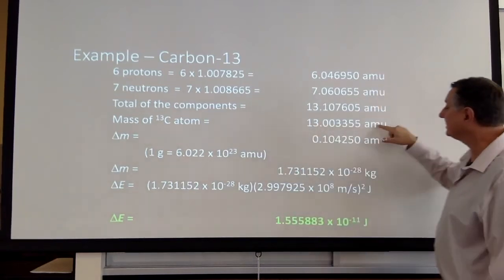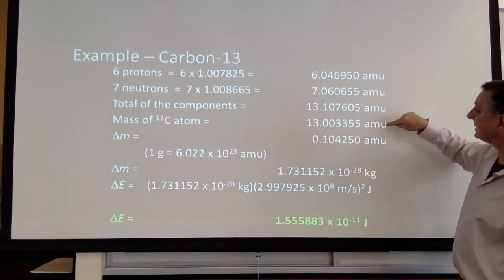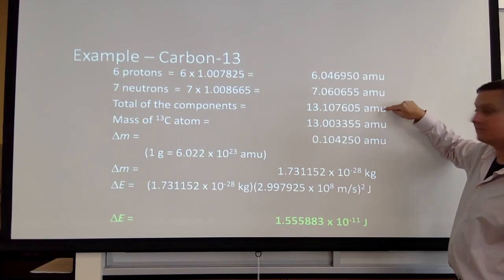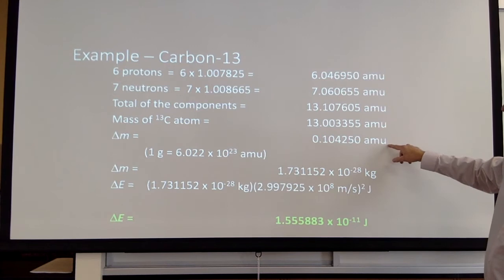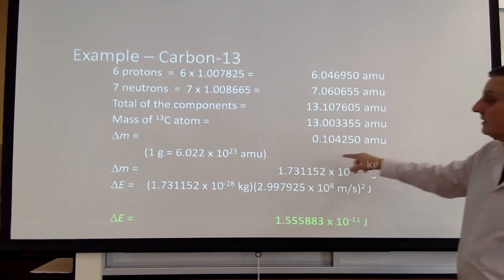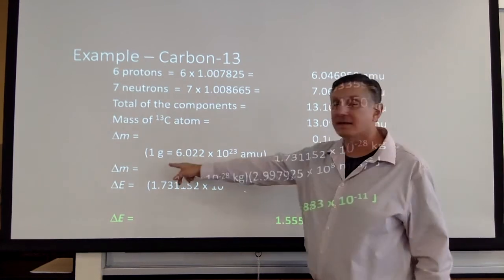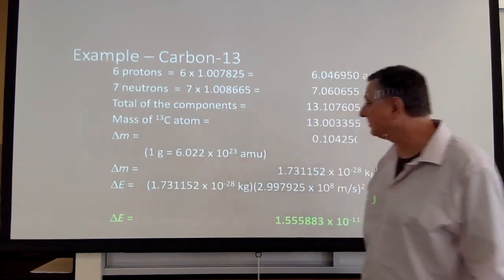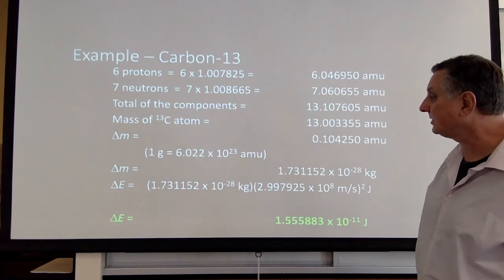The mass of the carbon-13 atom can be measured exactly, precisely, with the mass spectrometer. The mass of the carbon-13 atom is actually this. It is less than the mass of the sum of the parts. The difference in mass is 0.1 atomic mass units. An atomic mass unit is connected to grams by Avogadro's number, 6.022 times 10 to the 23rd.